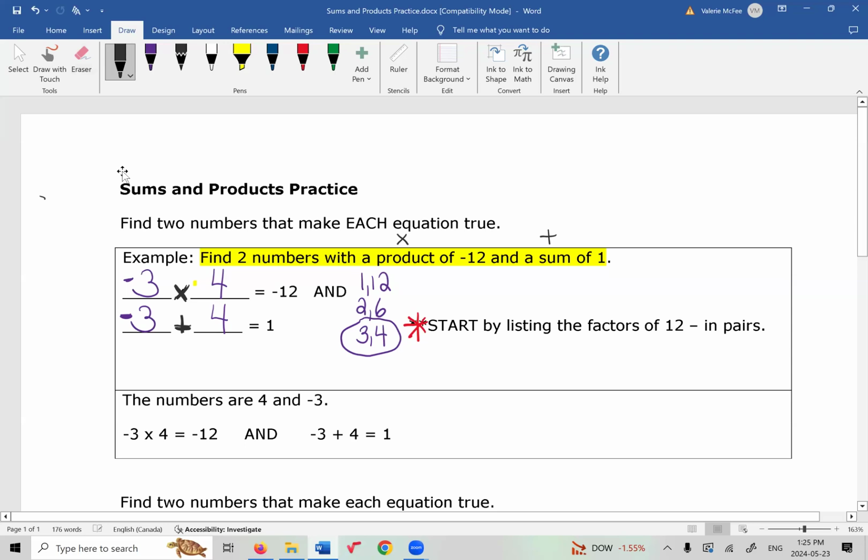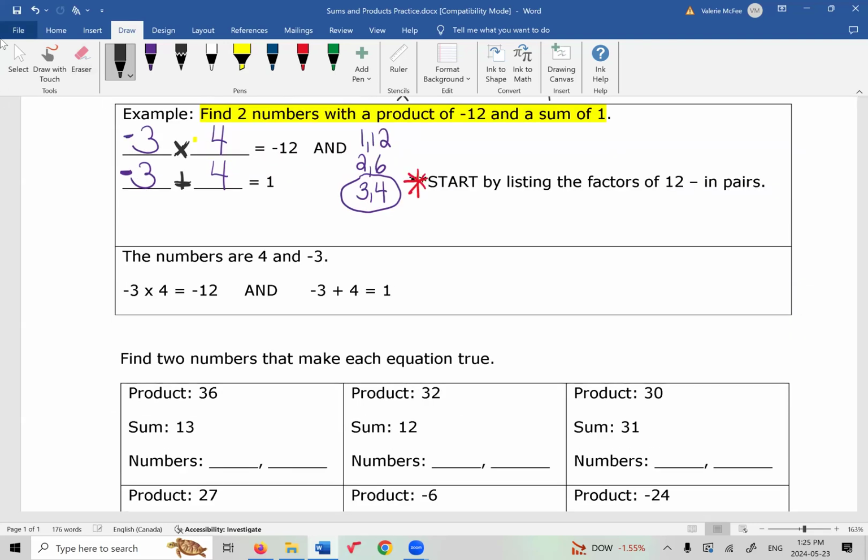Let's try another question. Two numbers with a product of 36 and a sum of 13. I find it is very helpful to write the equation. You should do that as well, especially if you find this a little bit difficult. Again, we're going to start with that product and we're going to list the factors of 36.